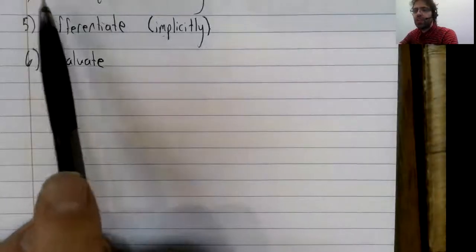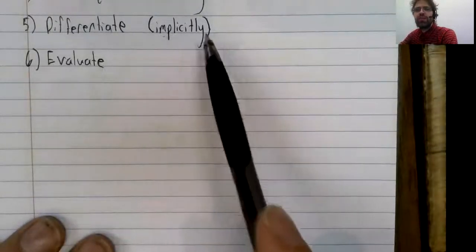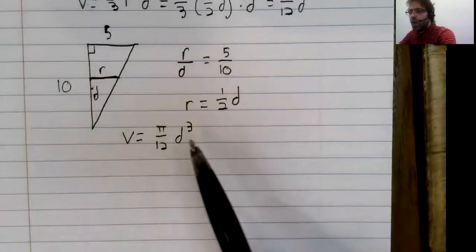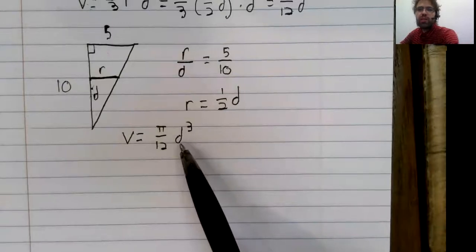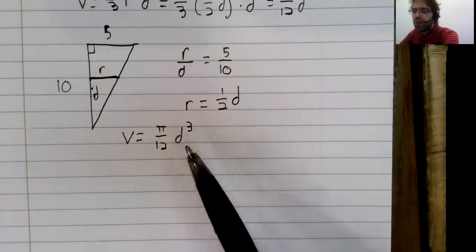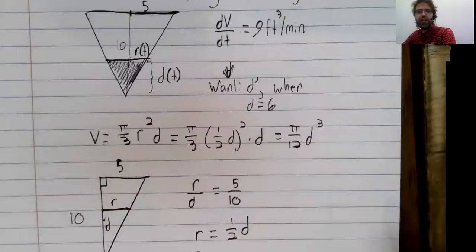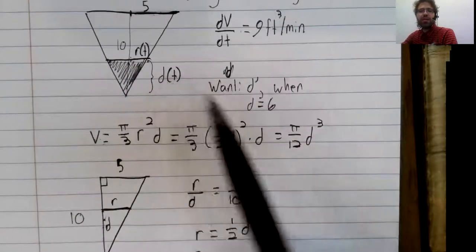But now that we've written down the equation, we can differentiate. We're not using function notation here, but depth is a function of time. I used function notation up here.